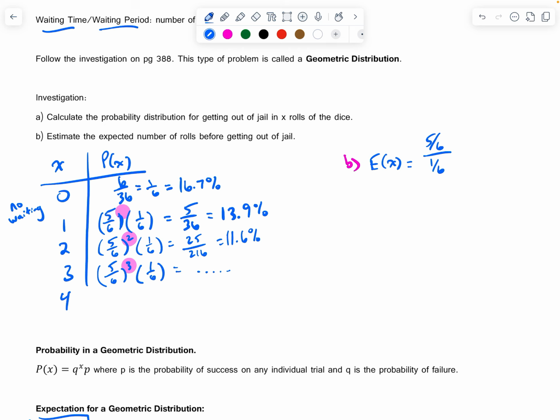Probability that I succeed is 1 over 6. If you divide those two, you're going to get 5. And what this formula tells you is that you expect to fail 5 times before you succeed. So another way to say that same sentence would be, you would expect to succeed on the 6th try.